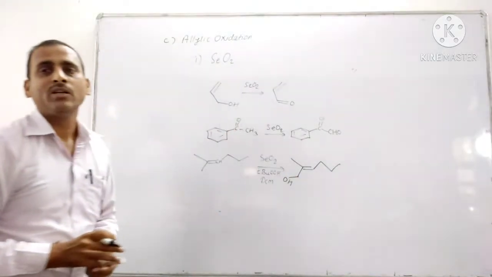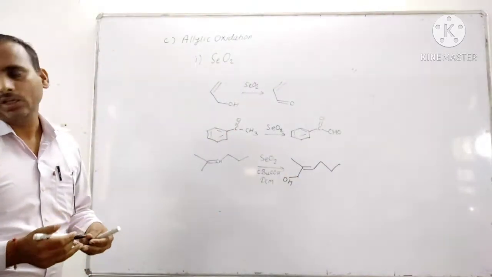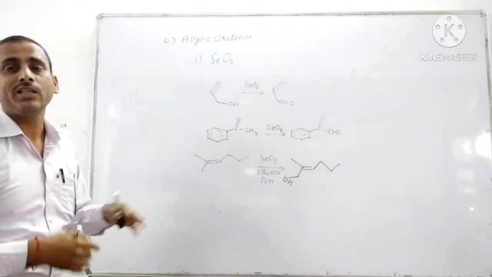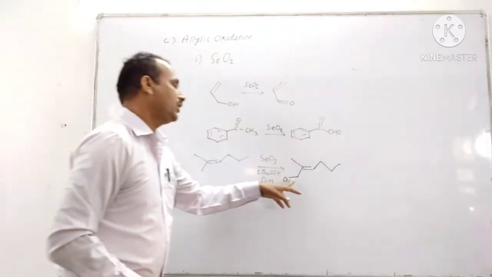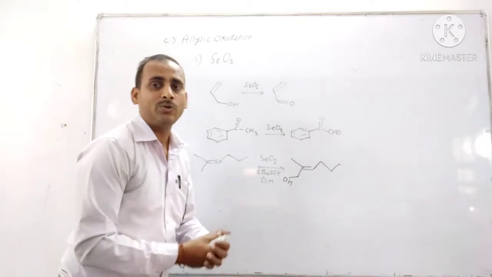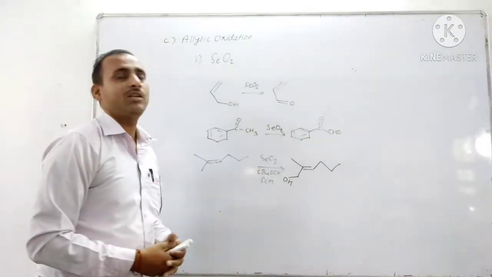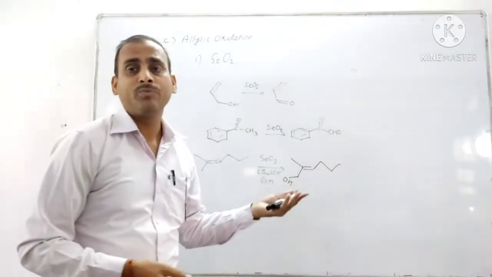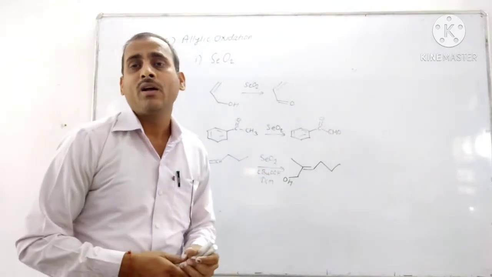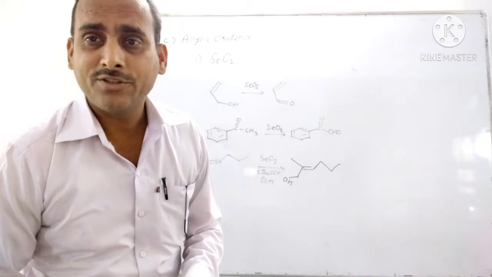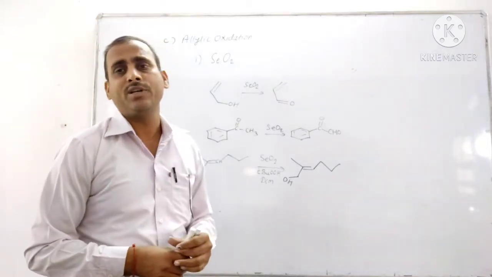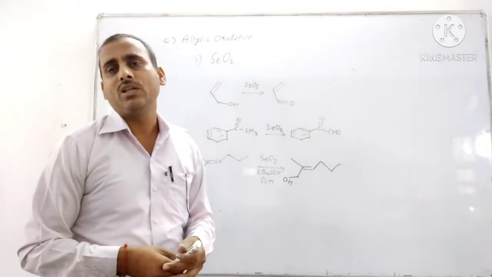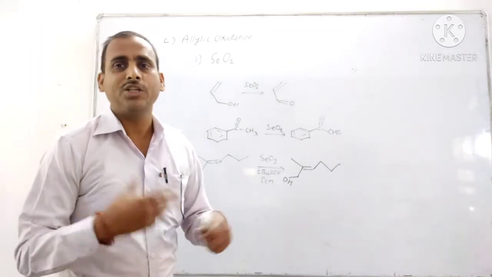Mostly the E form of the allylic alcohol is formed with selenium dioxide. And if it gets oxidized to a carbonyl group, then it forms the alpha beta unsaturated E form of the aldehyde or ketone.